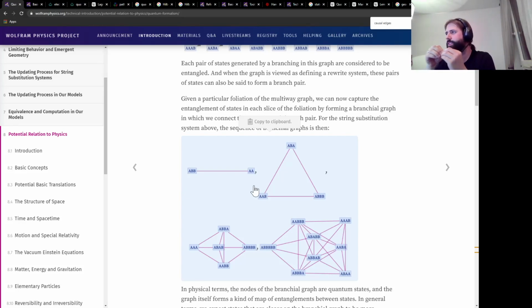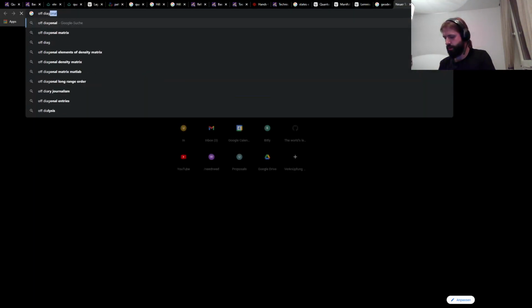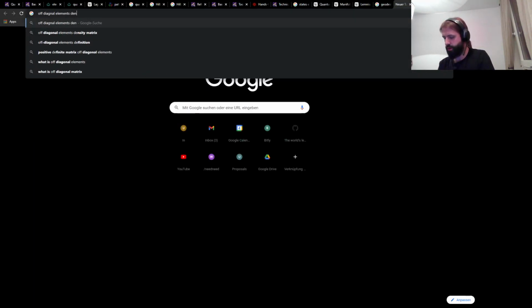The different states are correlated; they are correlations, right? Correlations are kind of like the relative phases, I think. I think they are, because I think the off-diagonal elements of the density matrix, that's what they are, right?